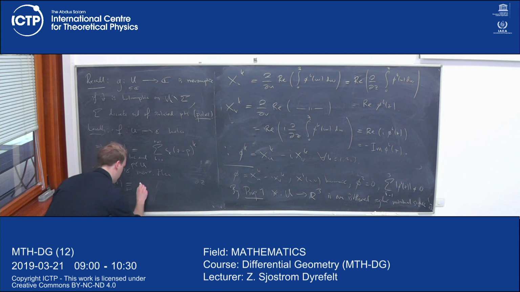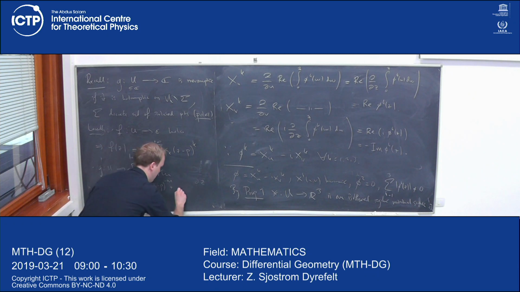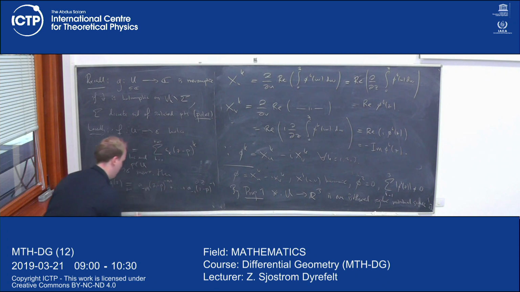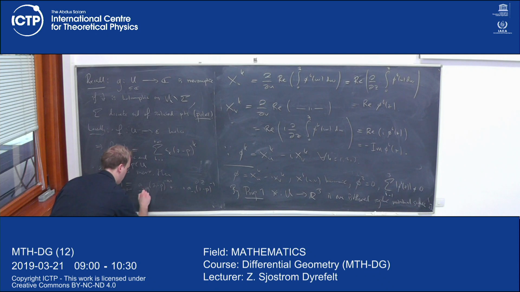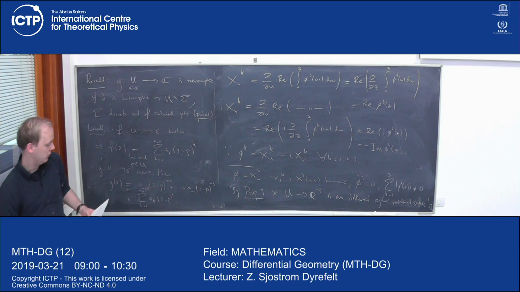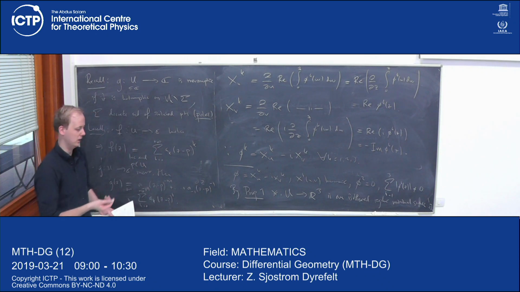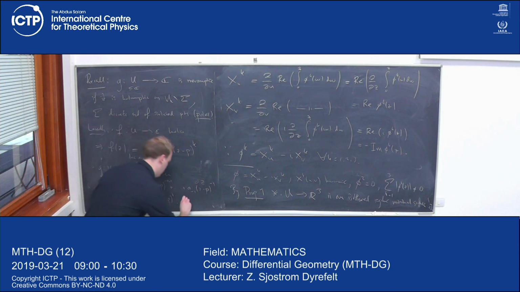So let me write it like this. It's a_{-m} (z minus p) to the minus m, plus and so on, plus a_{-1} (z minus p) to the minus 1, and then plus the same thing as over here, the sum from k equals 0 to plus infinity of a_k (z minus p) to the k. So you have this negative part, and this is called the Laurent expansion of the series.